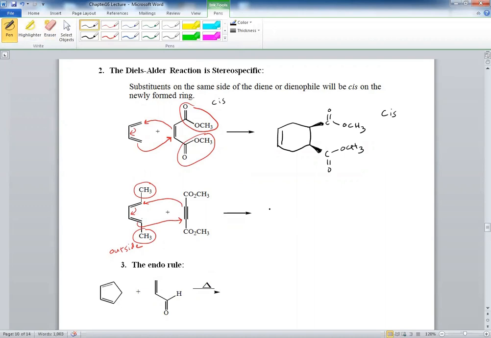Okay, so let's draw the product. Okay, I need to redo this. There's a double bond right there. There's also a double bond right there from the alkyne. And then you would have these two on the same side.